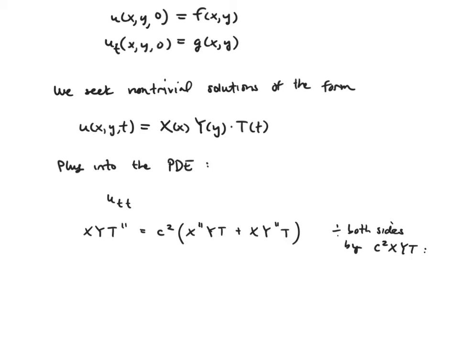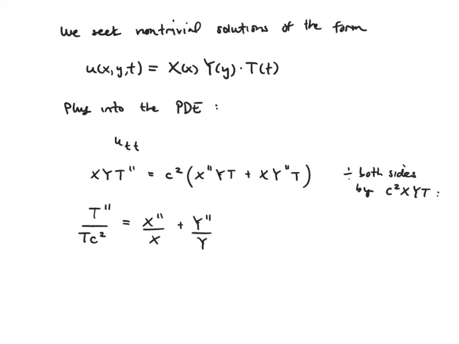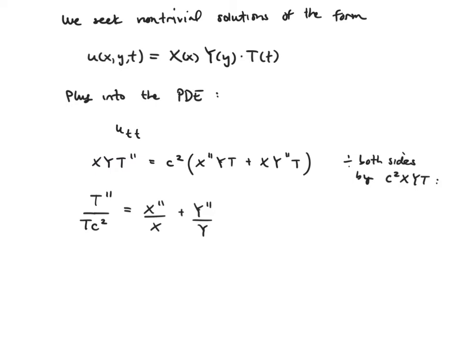And what that's going to give me is T double prime. The X and the Y are gone. I'm going to gain a c squared over here. And there's also a T on the bottom right there. And this is equal to, c squared is gone, I have an X double prime over X and a Y double prime over Y. Well, this feels familiar.